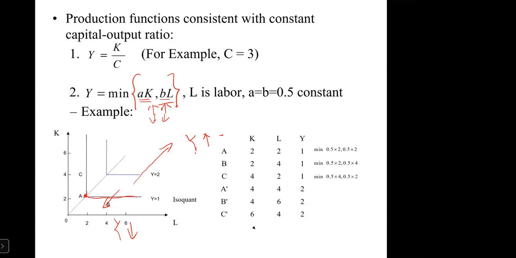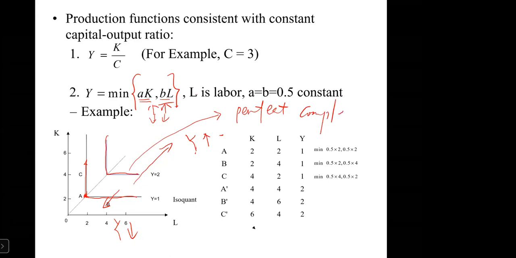Or once you have a level of L, you increase K, it doesn't help, right? And in microeconomics, for this type of thing, we have another name. It's called perfect complement.